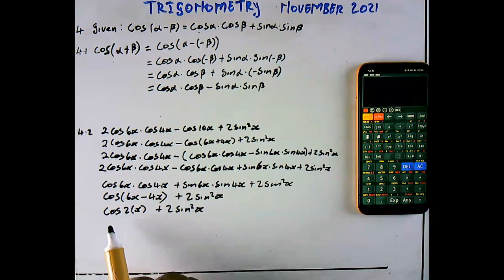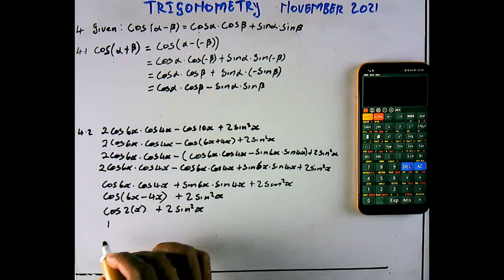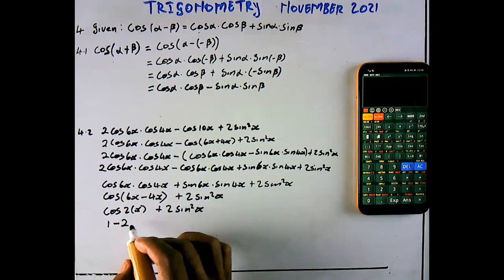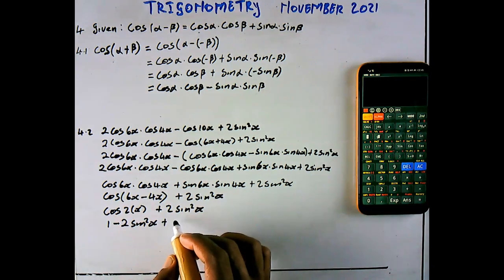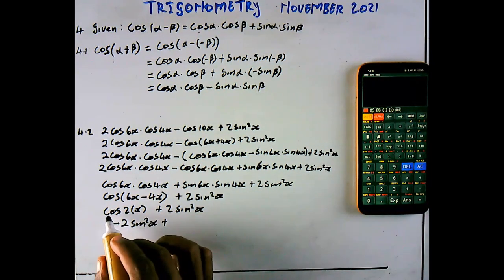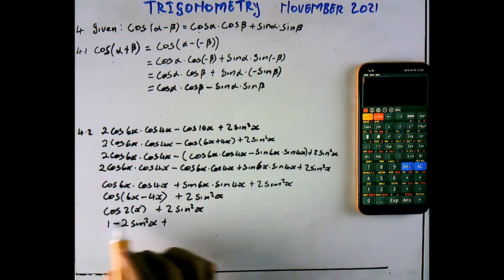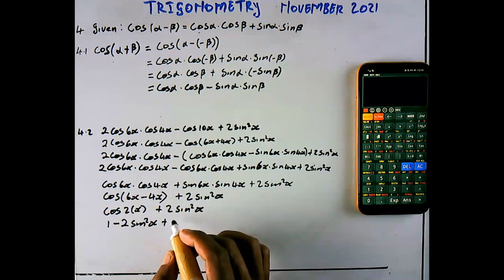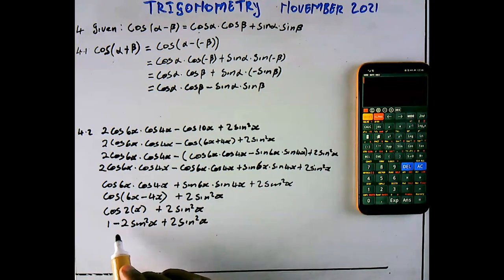And then the double angle of cos is the same as 1 minus 2 sine squared x plus, this is the double angle, it's the same as cos 2x. So 2 sine squared x is this one. And then minus and positive, this one will subtract this one. So the answer here is 1.